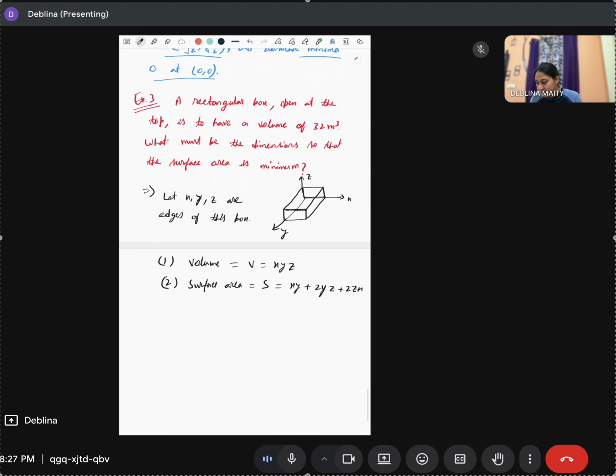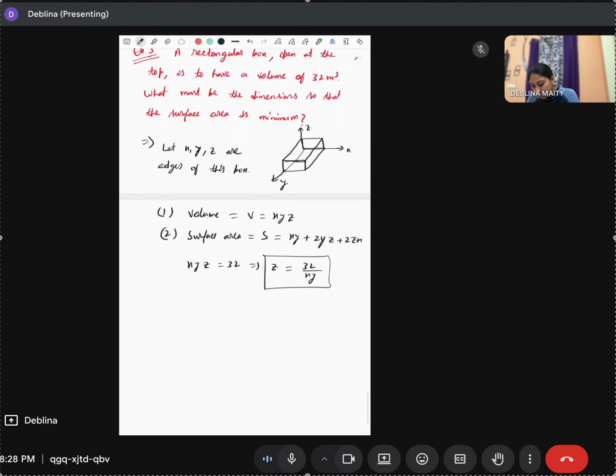We are given that xyz equals 32, so z is 32 by xy. So we have to minimize the surface area S.